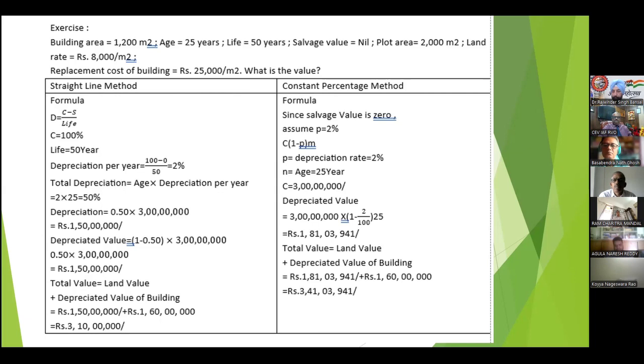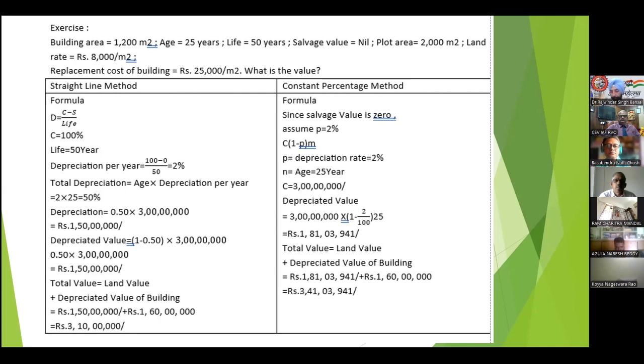Yes, sir. This constant percentage method will give a more appropriate value for any particular year of valuation. See, what is your aim? Your aim is to calculate the depreciated replacement cost. When you are doing valuation by the cost approach, as far as the building is concerned, your aim is to calculate the depreciated replacement cost.